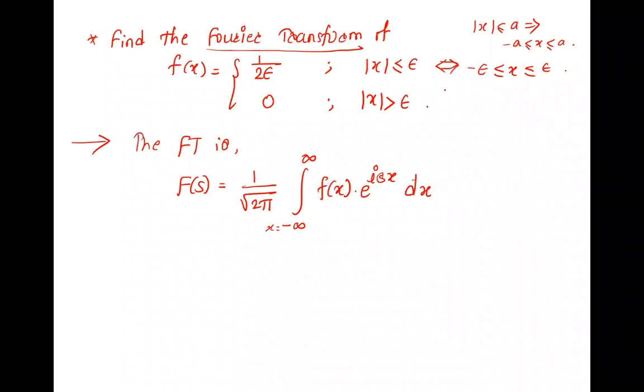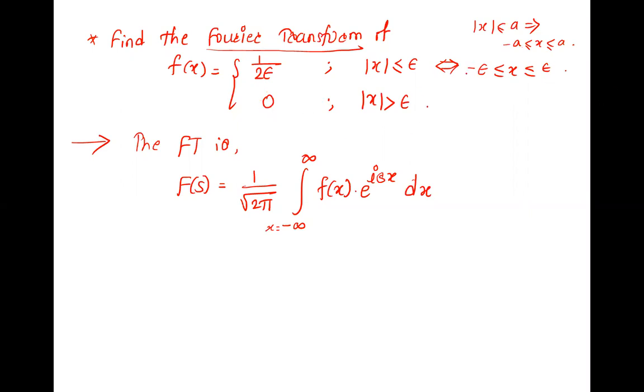So this is the given interval, and this is mod x greater than epsilon. When x is greater than epsilon, the value is 0 everywhere, so no need to think about that part of the function.